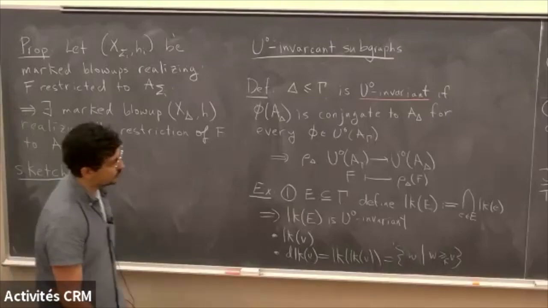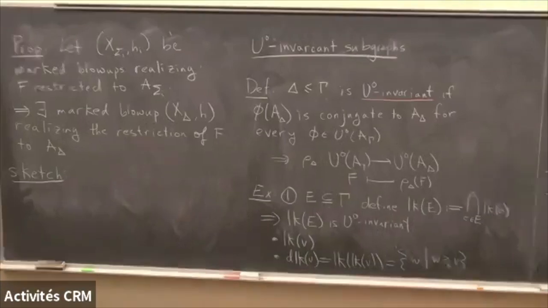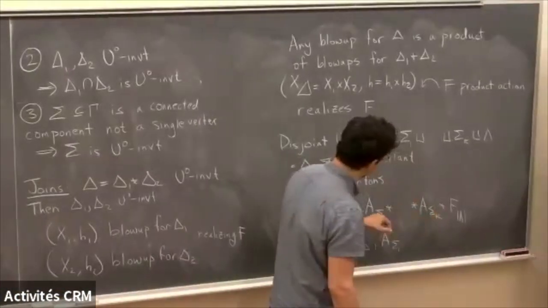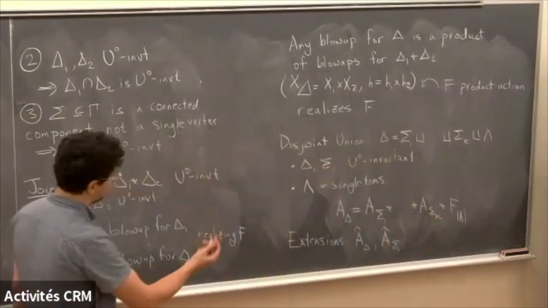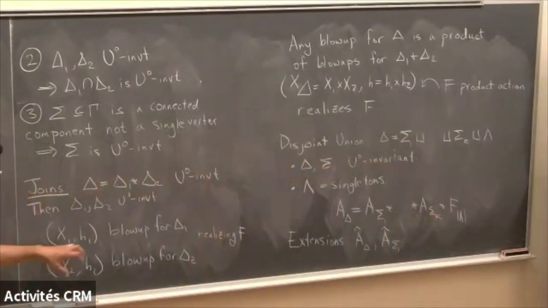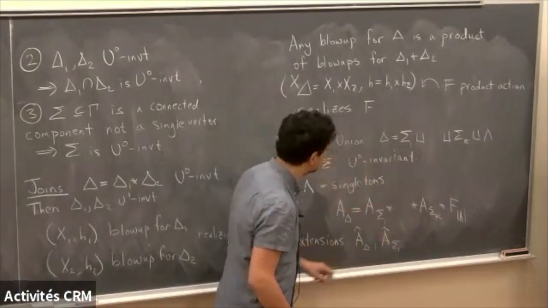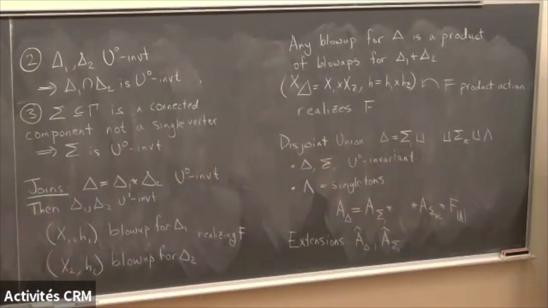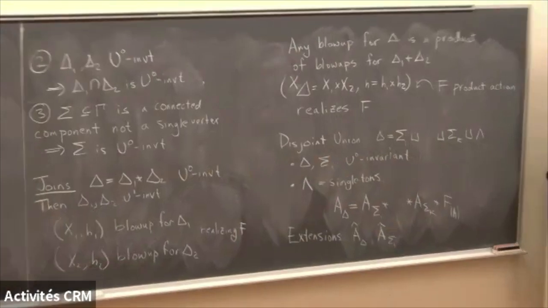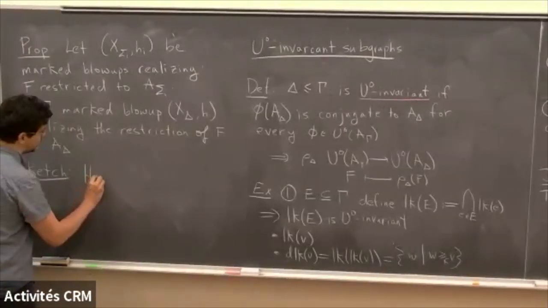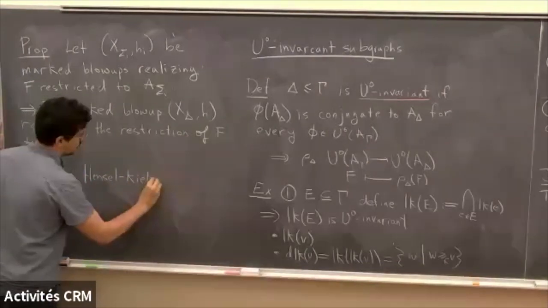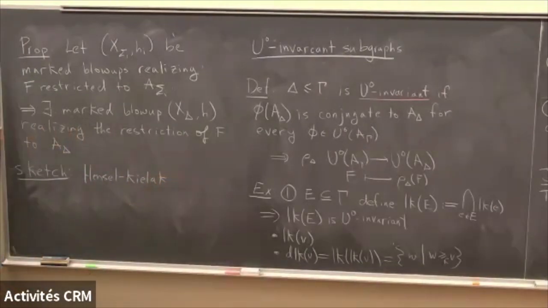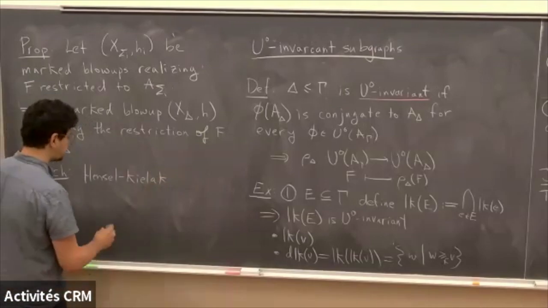So we have this free product decomposition. And since each of these are U0 invariant, they're each preserved up to conjugacy. So this finite group is acting on this, but it's just taking each one of these factors to a conjugate of itself. And so in a previous paper, Hensel and Kulak proved a sort of relative version of the Karrass-Pietrowski-Solitar result.